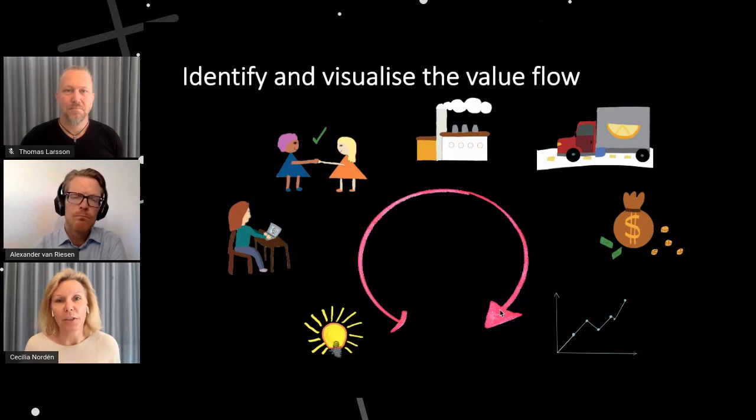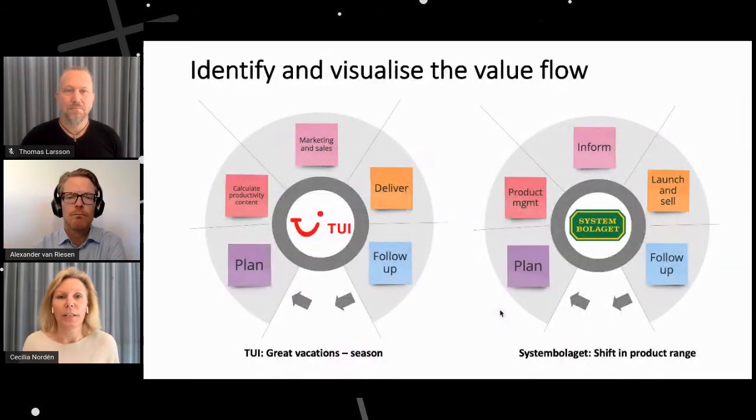What does this company do over and over and over again? So here are two examples of two companies. To the left, you have TUI, which is a travel agency that sends people on great vacations. And to the right, we have Systembolaget, which is the company in Sweden that has a monopoly on selling alcohol.